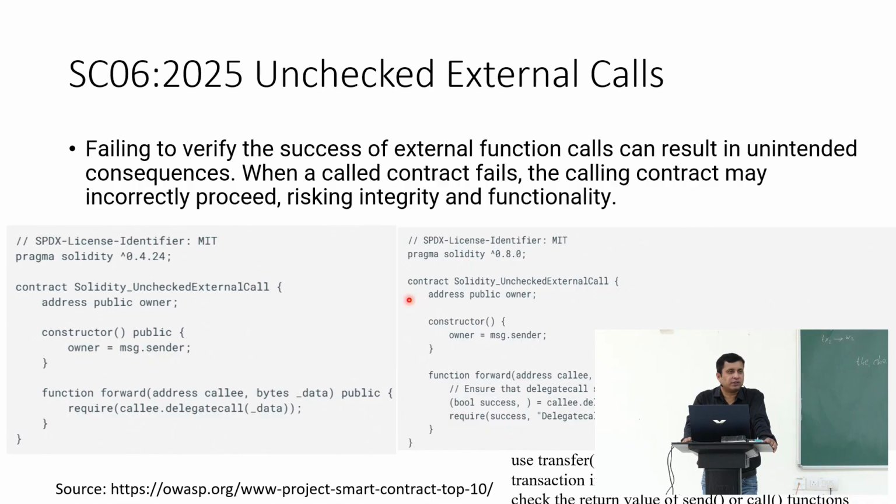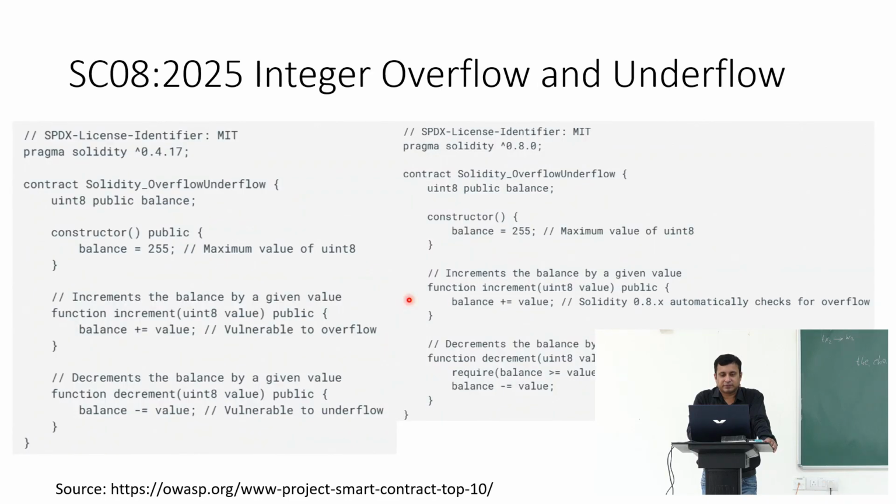Unchecked external calls. Whenever one contract is calling another contract, the return value should be checked whether that called contract is successfully executed or not. Similarly, integer overflow and underflow, which is already taken care of, but still if you are writing code, the pre-conditions and post-conditions should be checked: before updating and after updating, what should be the value of that particular variable.